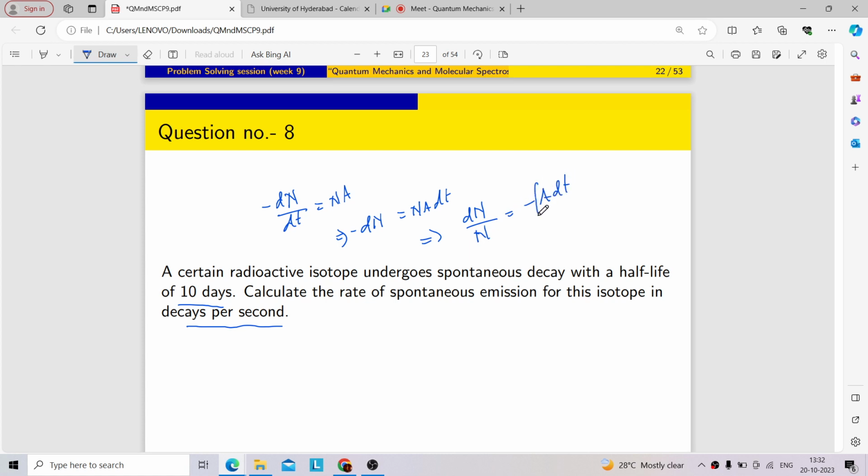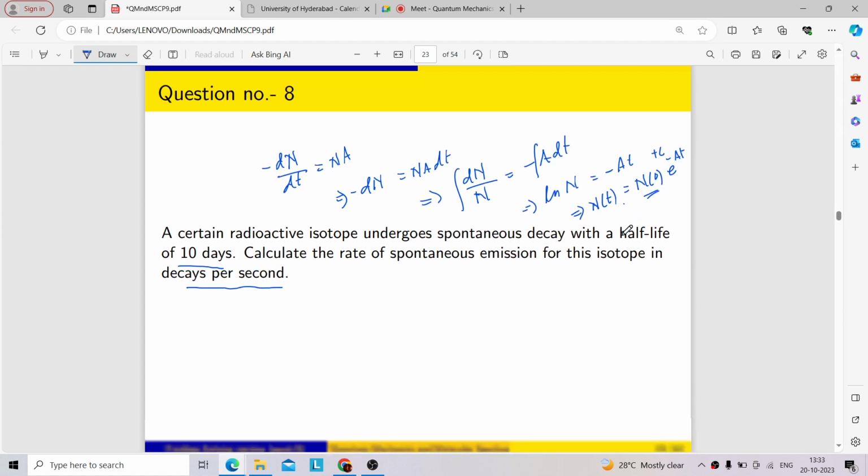If you integrate both sides, it will give you ln N equals minus A t plus some constant, or N of t will be equal to N of 0 e to the power minus A t, where N of 0 is the proportionality constant.